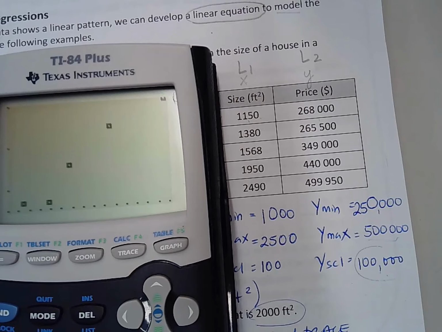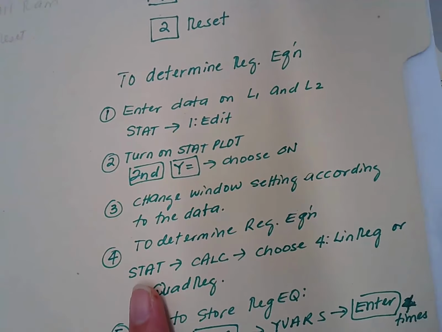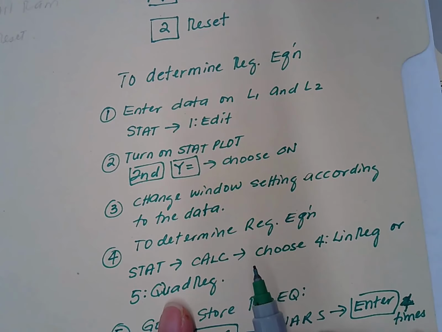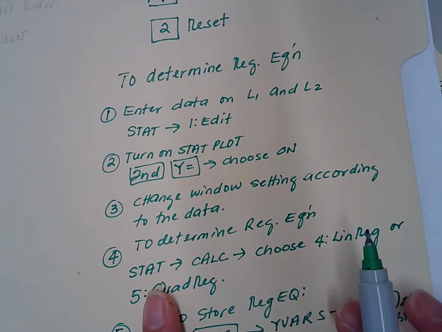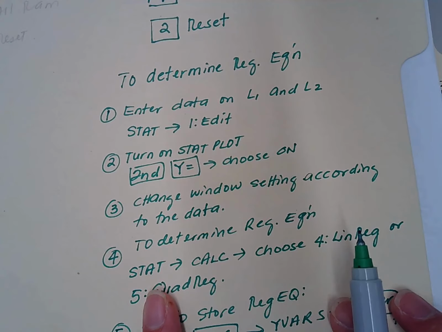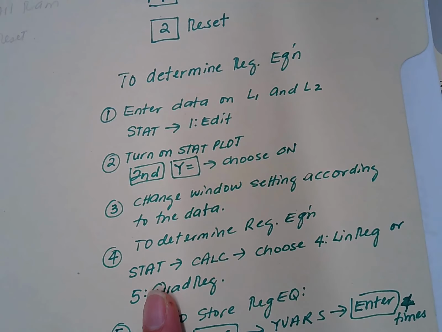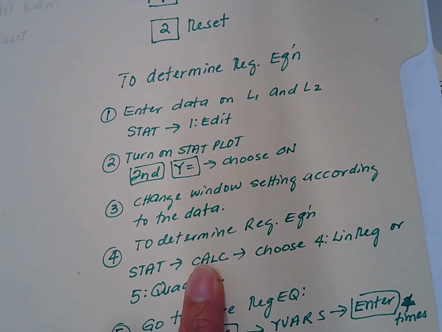Now, what do we need to do next? We can figure out the regression equation. How do we do that? Do it with me, please. Don't get distracted. Press stat, and then go to calc.